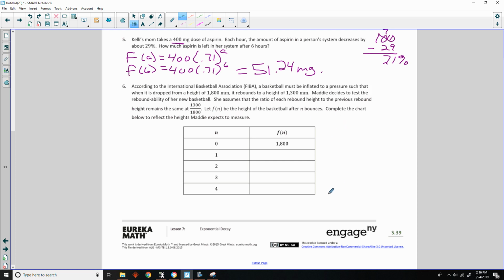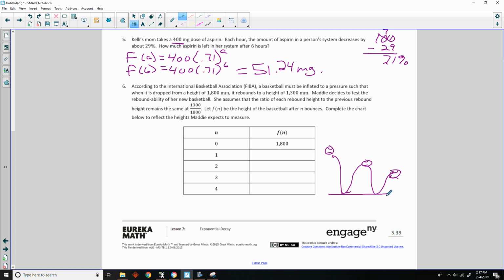So what's happening here is if you have a floor and you take a basketball and you drop it, it is going to go down to the floor, bounce, and come back up a certain amount, but not all the way back to the top. Then the next bounce is going to come up a little shorter, and it's decaying.